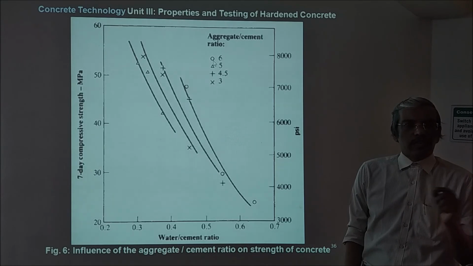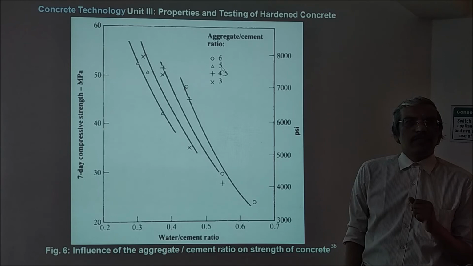The circle is 6, the triangle is 5, the plus is 4.5, and the cross is 3, that is the aggregate cement ratio. So here we can see this graph.